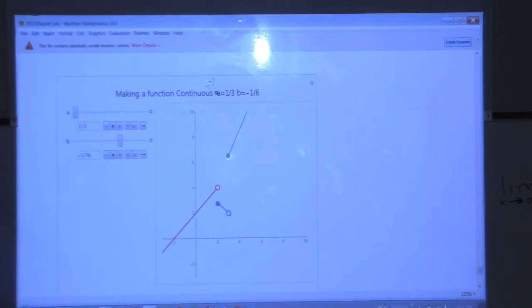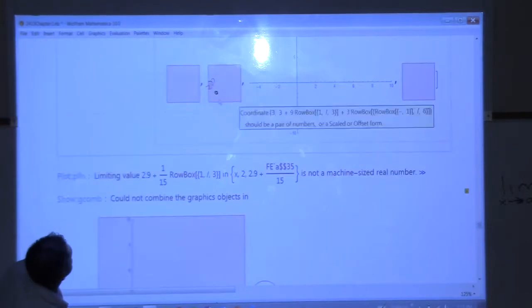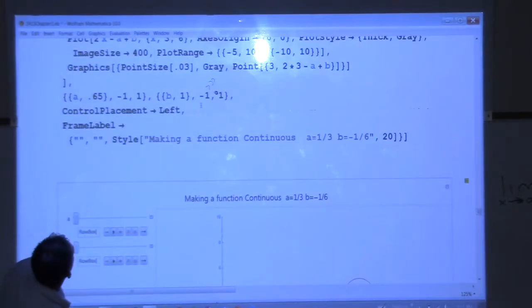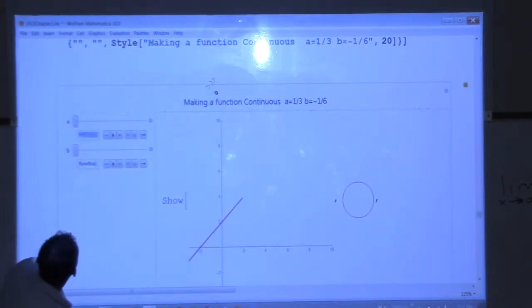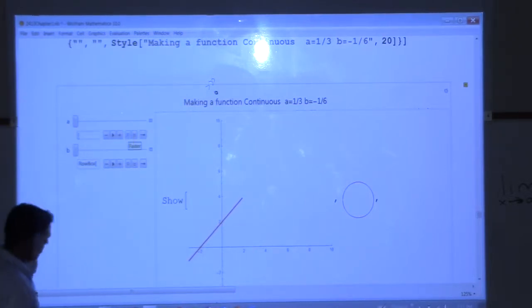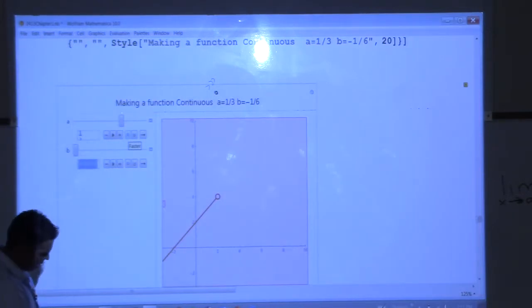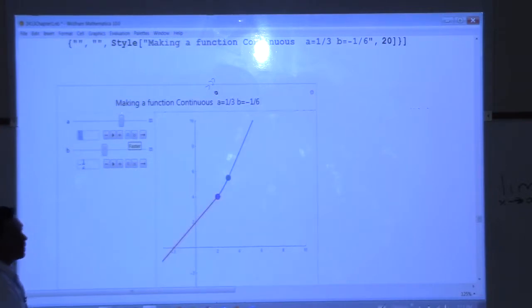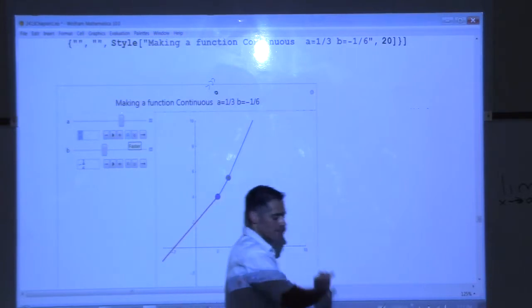If I hit tab now, what happened? Oh, I forgot to hit enable dynamic. I'm not sure what just happened, but we'll do it again. 1 divided by 3. Tab. And then negative 1 divided by 6. Yeah, there we go. Okay, so now it's a continuous function everywhere.